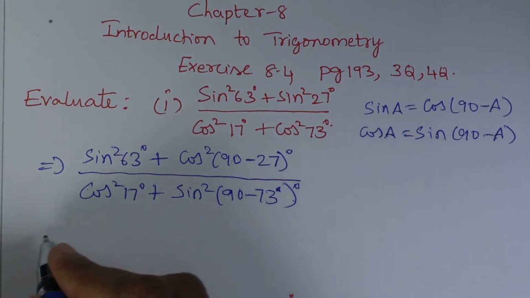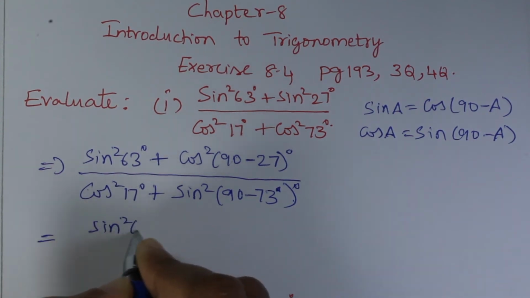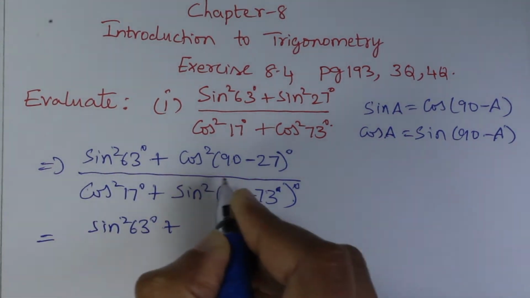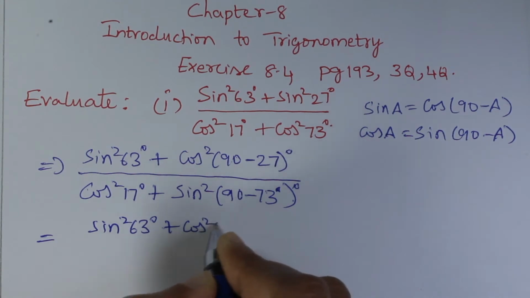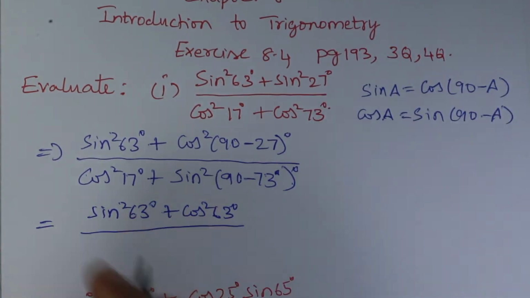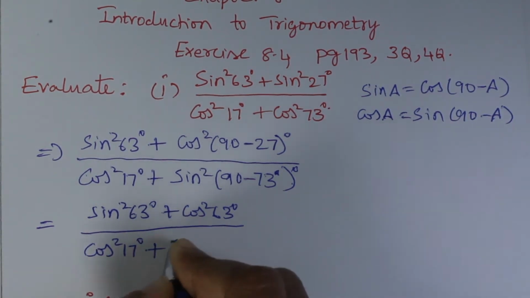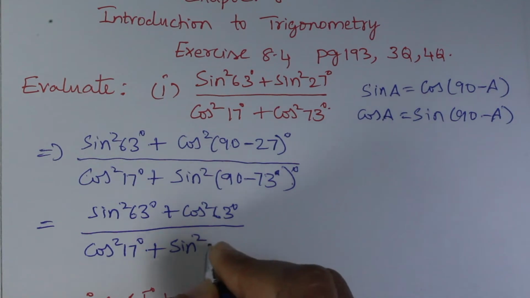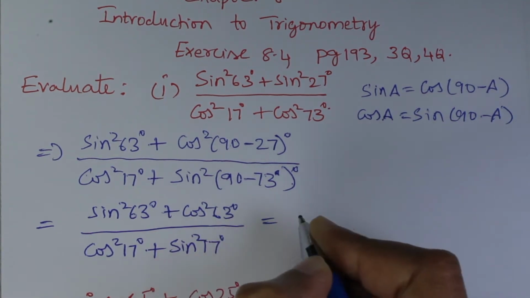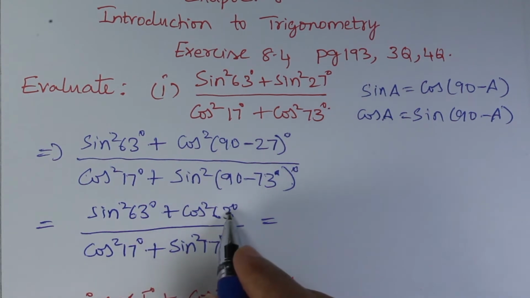Okay, now this can be rewritten as sin square 63 degrees plus cos square 63 degrees divided by cos square 17 degrees plus sin square 17 degrees. Again, this is in the form of sin square a plus cos square a identity, right?